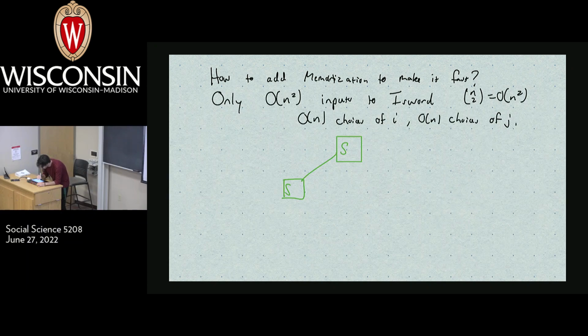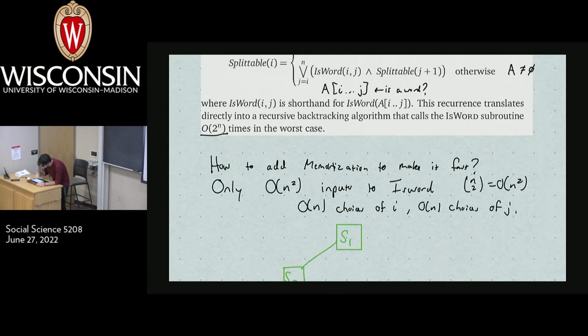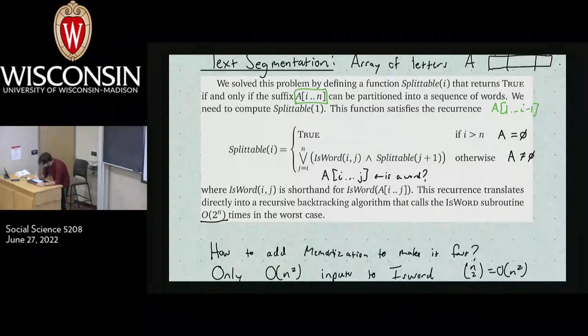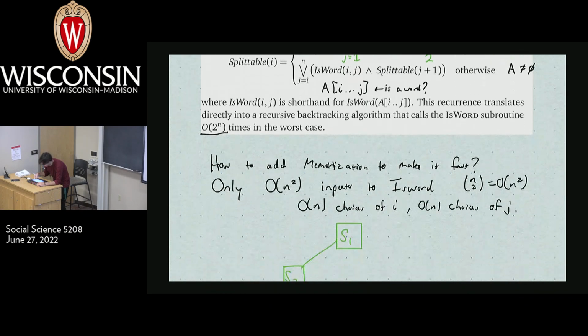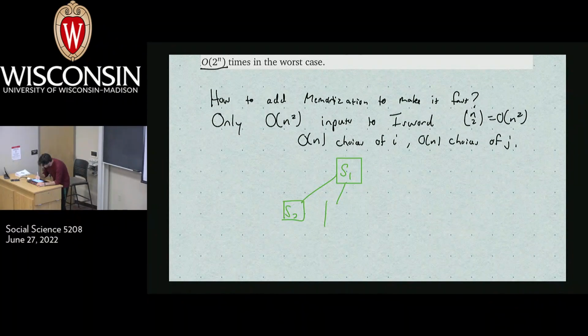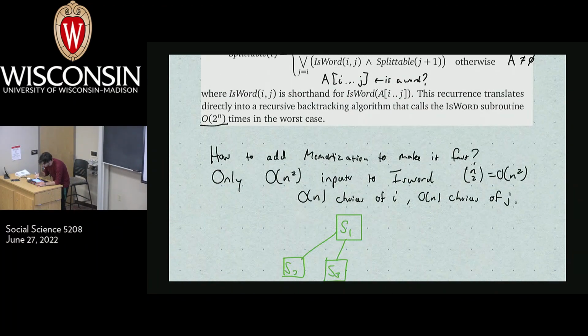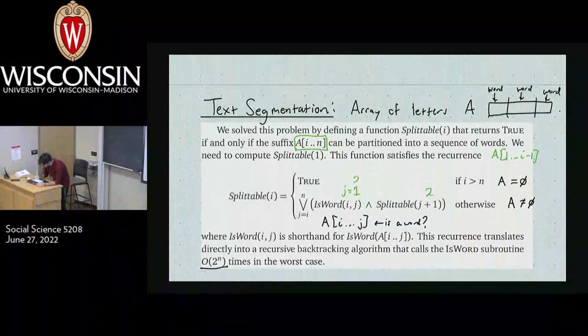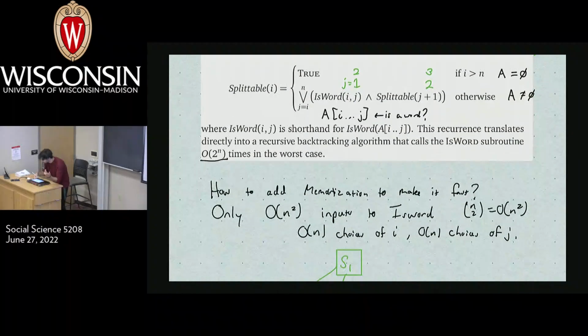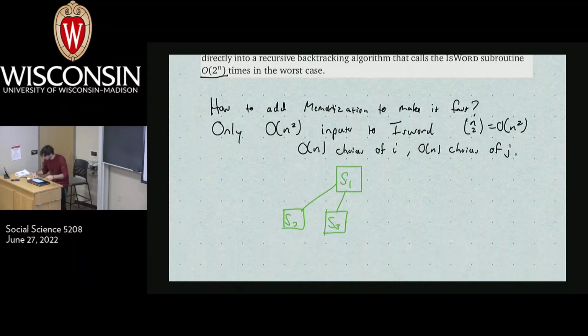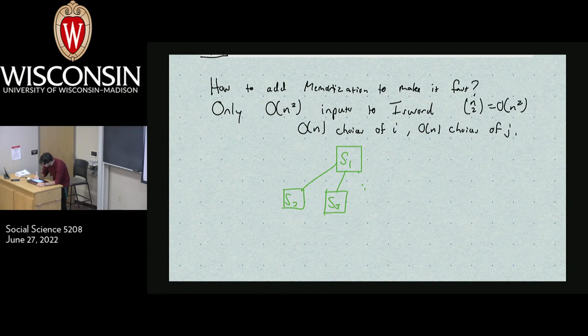Actually, this will be S(1). So we call S(2). That's just the case where we plug in j equals 1, then j plus 1 will be 2. We also have a call for S(3). That's just the case when j is 2, then this will be 3. And so on. We do this for every possible n, so we're going to get branches all the way up to S(n plus 1).